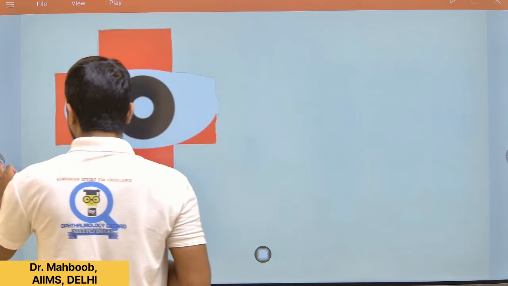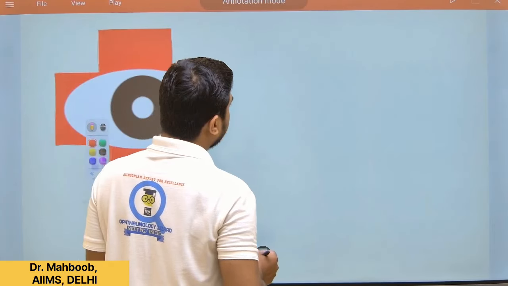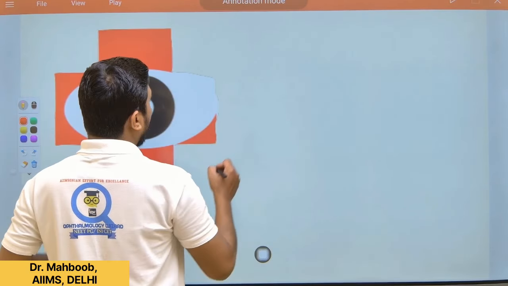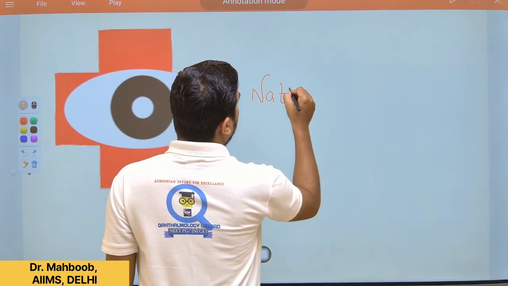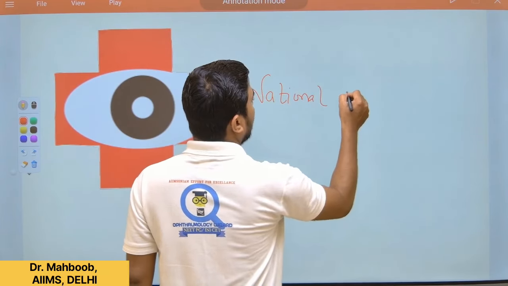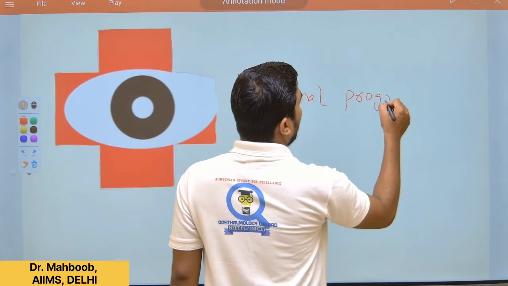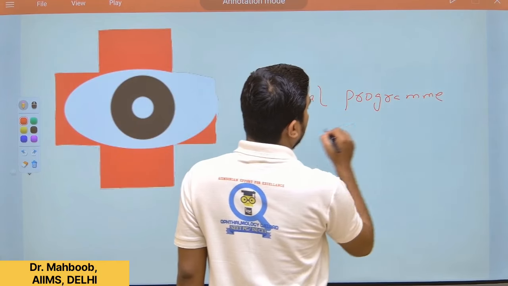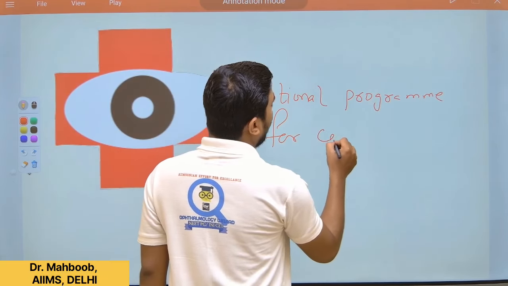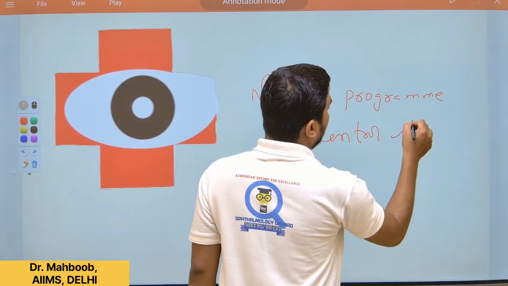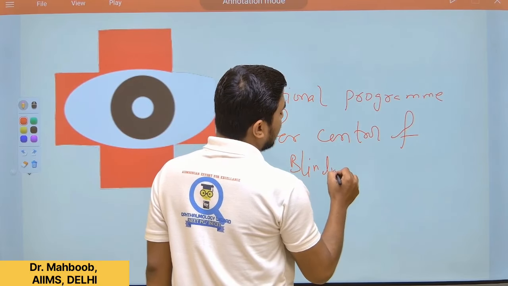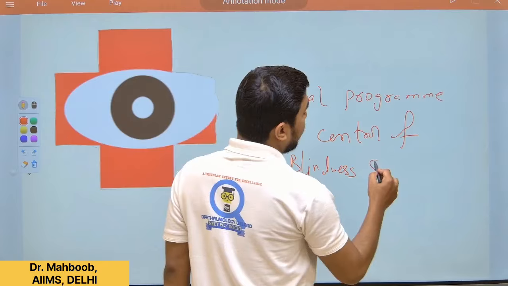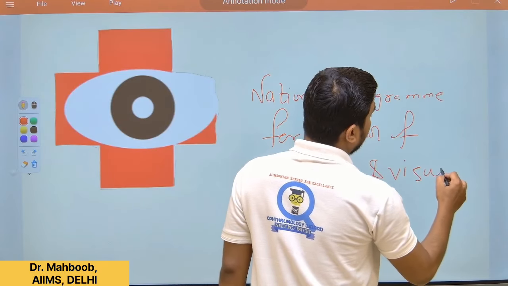So this image is actually the image of the National Program for Control of Blindness and Visual Impairment.